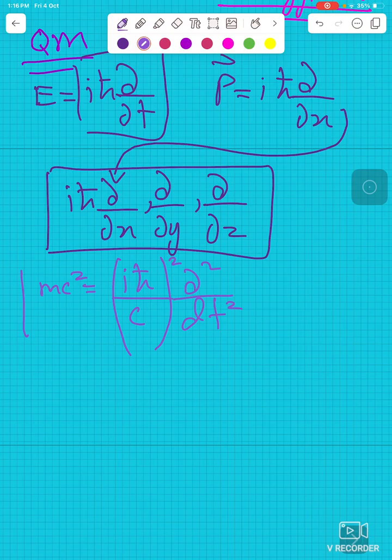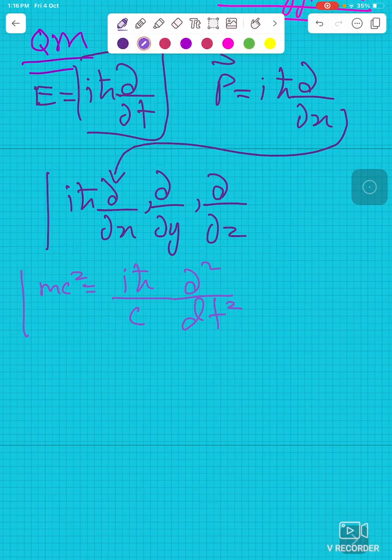Am I missing E? No, no need. We don't need to require c square.